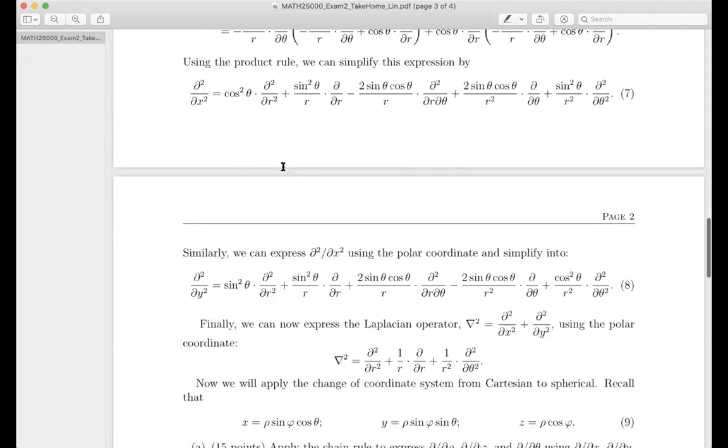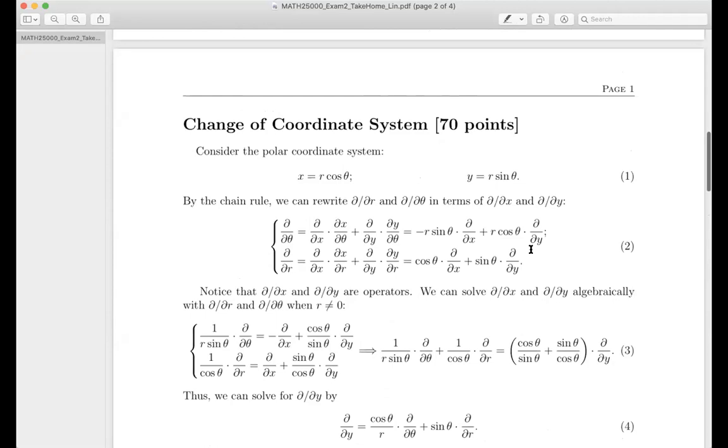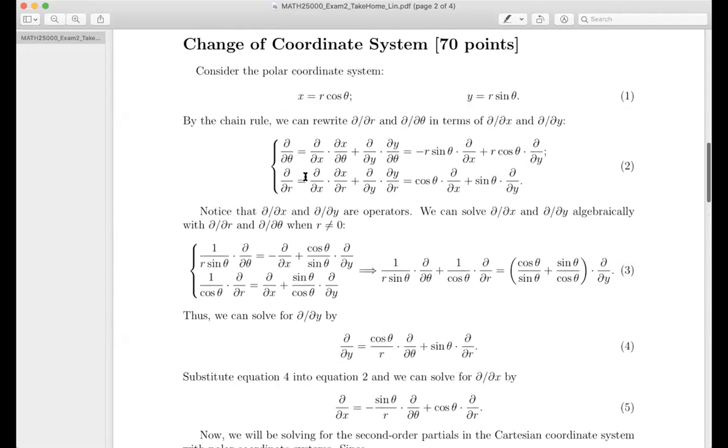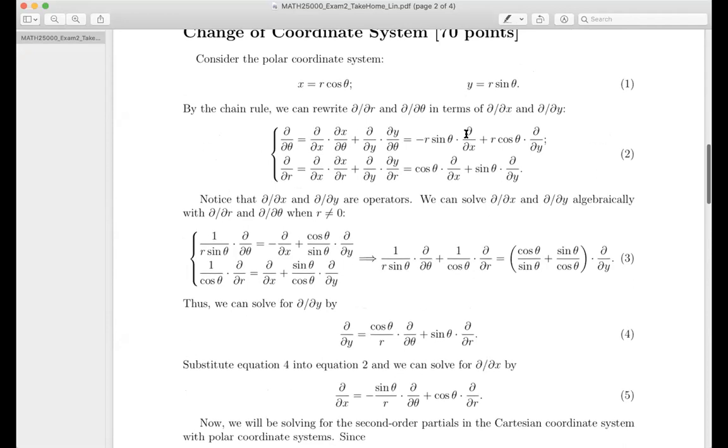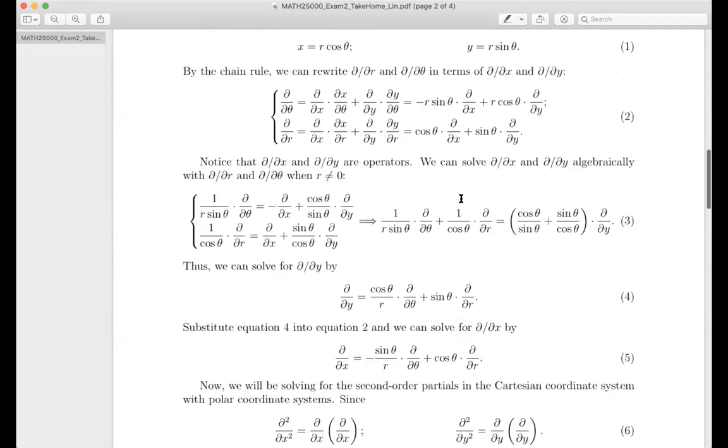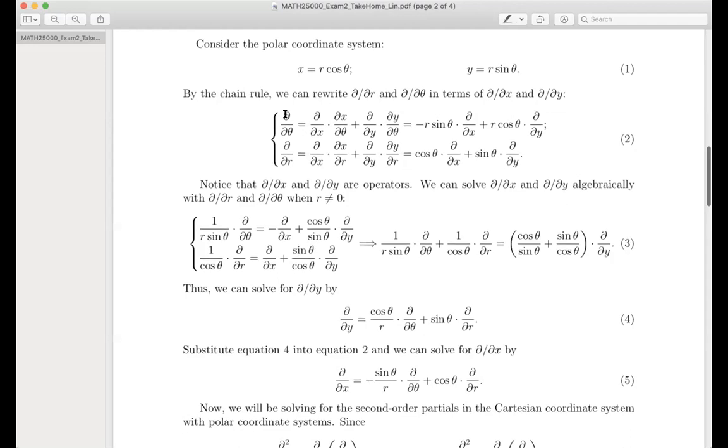Next, after you have a system of equations like this, in spherical you have 3 equations with 3 variables, partial x, partial y, and partial z. Now you solve for partial x, partial y, and partial z using partial theta, partial phi, partial rho. Let me write it down.